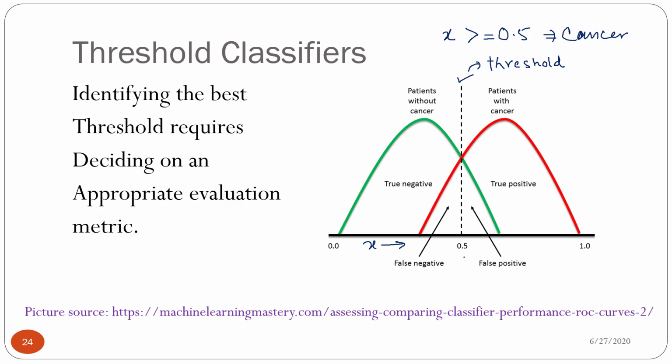And x is some score that we are getting from the classifier. The classifier is giving us some score. You can interpret that as a probability as well. So if the probability is greater than or equal to 0.5, we'll call that cancer. And this is the probability of the patient being called a cancerous patient.